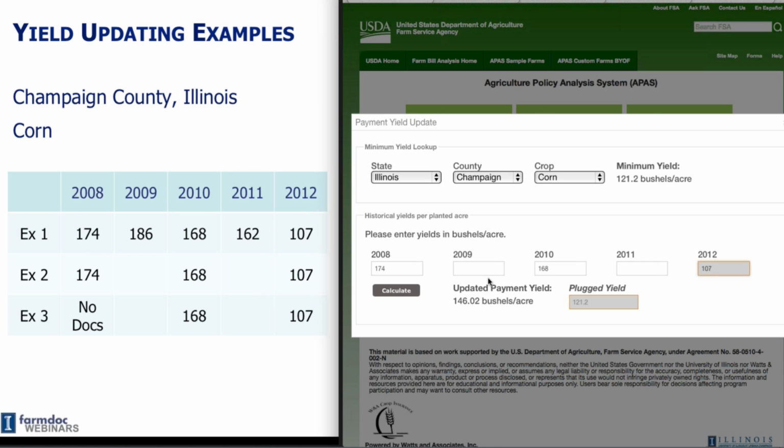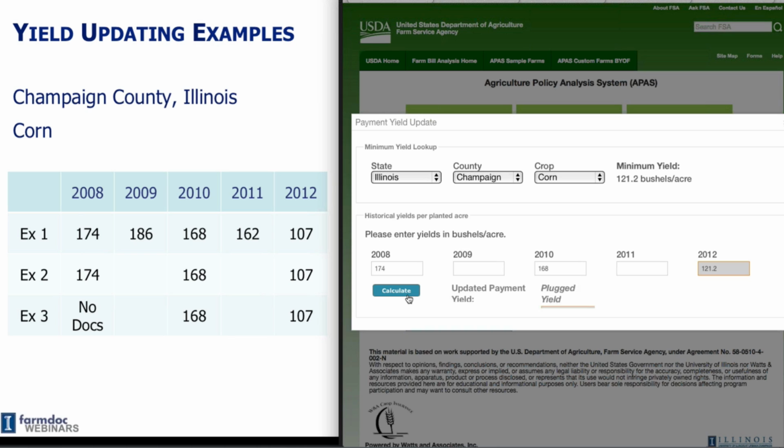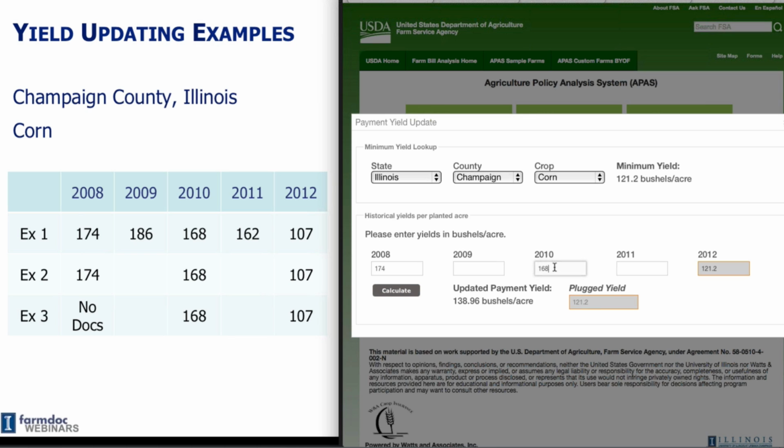In our tool, you'll leave those blank because blanks really do mean that there were no yields planted. And in this case, plantings in 2008, 10, 12, no planting in 2009 or 11 because there was no corn on that land. The average will then be based on those 3 yields. Right. So the key thing there is a very low yield is treated much differently than a year where you simply did not plant the crop.